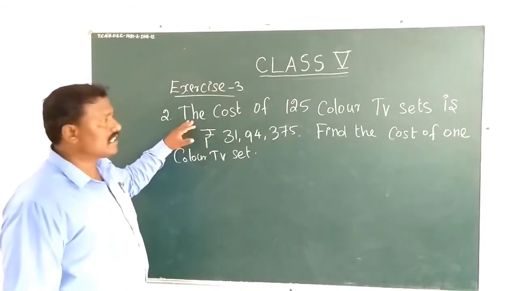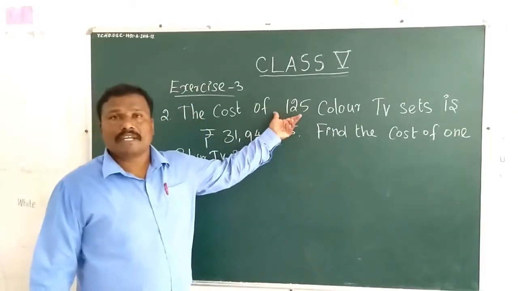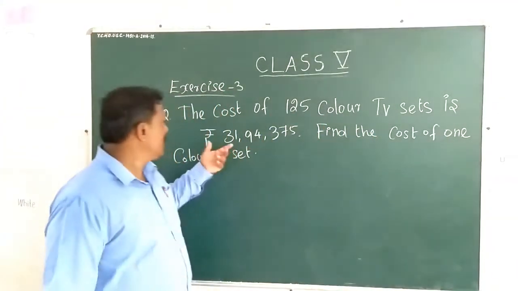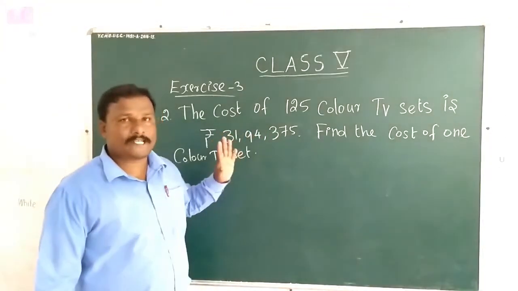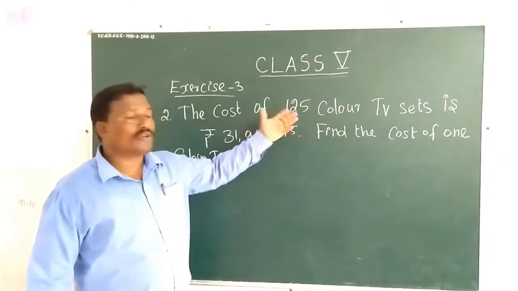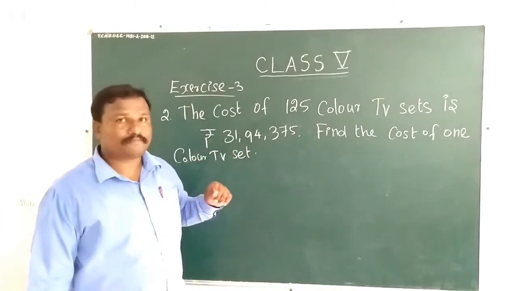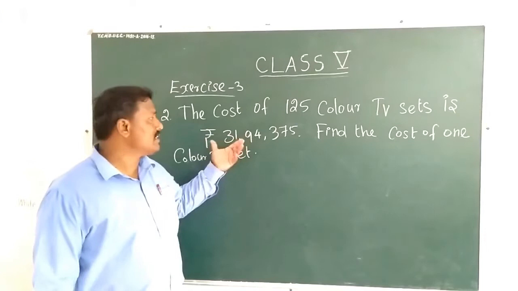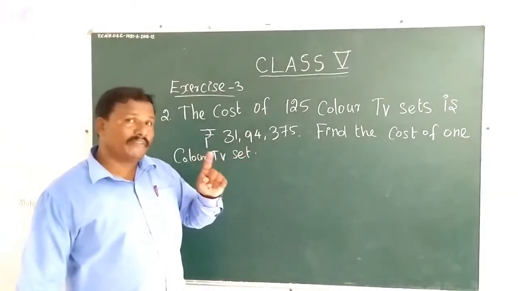So the sum is the cost of 125 color TV, means the person purchased 125 color TV at the price of 31,94,375 rupees. So he went and purchased 125 TVs in bulk at the same time, but he doesn't know what the price of one TV is. Okay, he went and purchased 125 TVs, he gave this amount 31 lakhs 94,000. Then you want to know what is the price of a single TV.